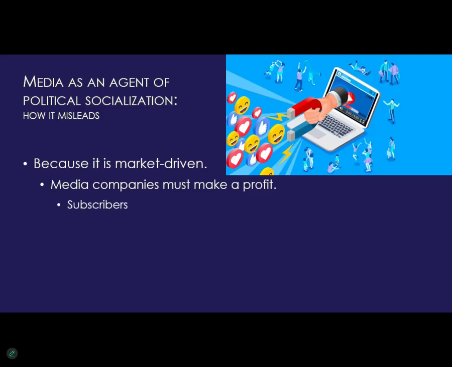They make their money from subscriptions, if they're like a social media app perhaps, but mostly through advertisements. Advertisers pay money to put their commercials on a social media application. And so they are going to make their money by increasing the number of subscribers that they have.